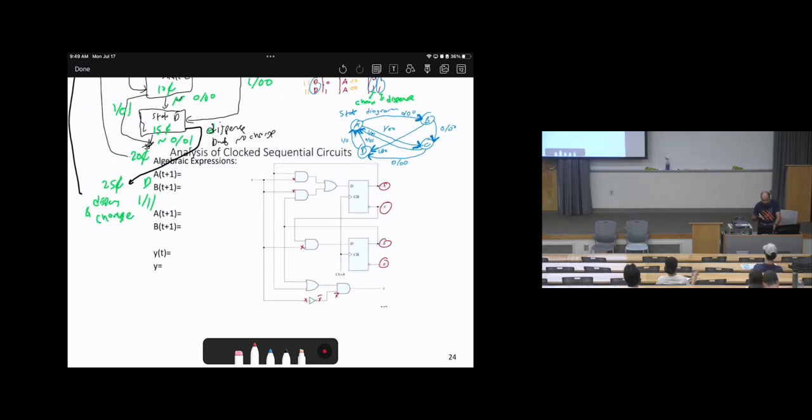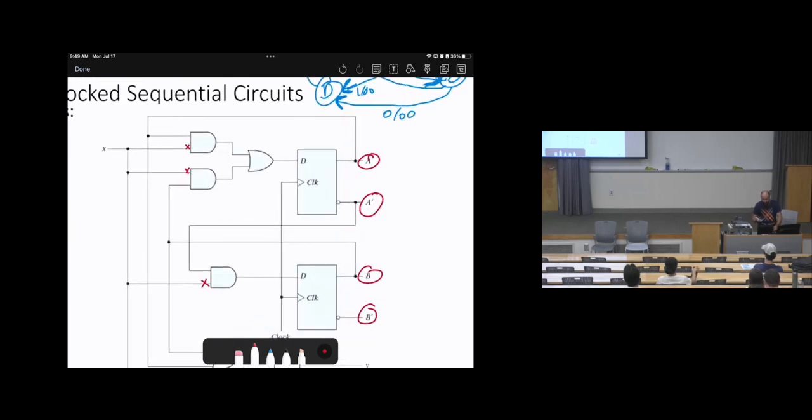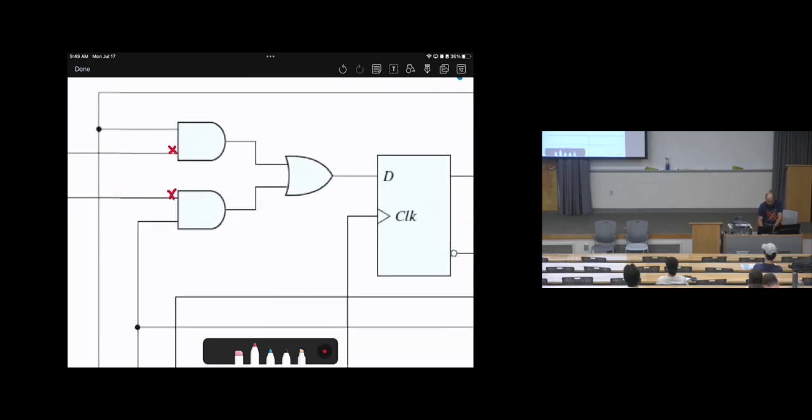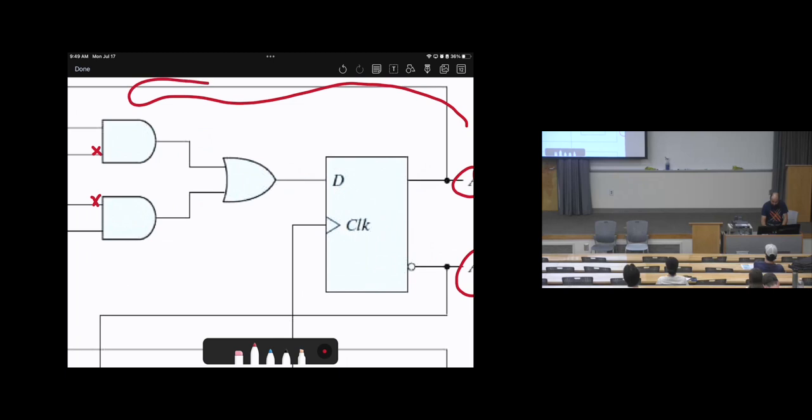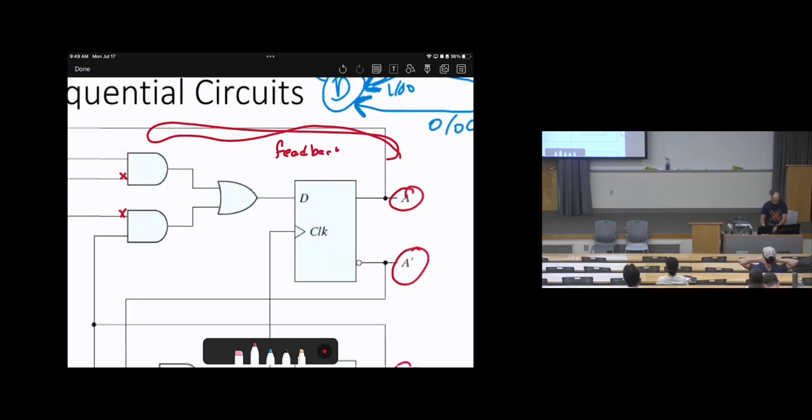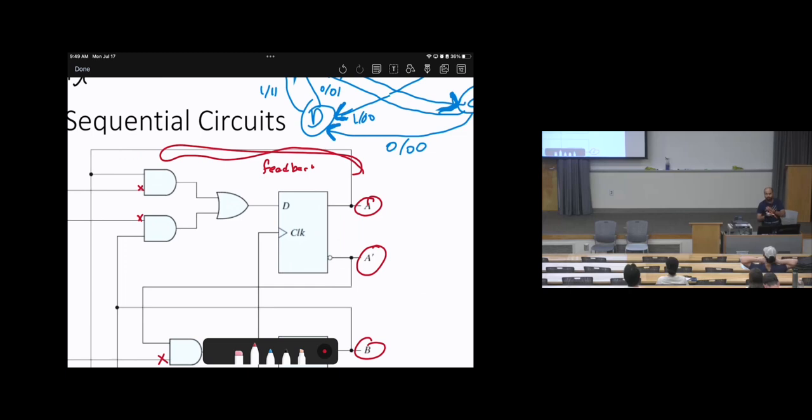In sequential logic circuits, feedback is allowed, whereas in combinational circuits in the past, feedback was not allowed. We have a feedback here. We've taken A as feedback.